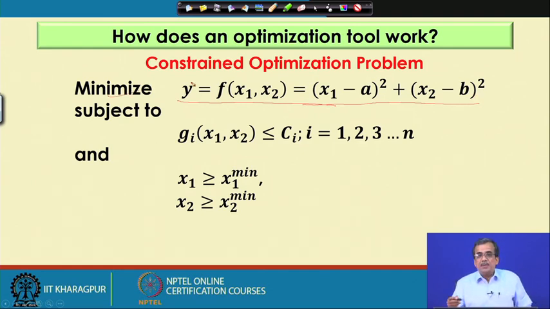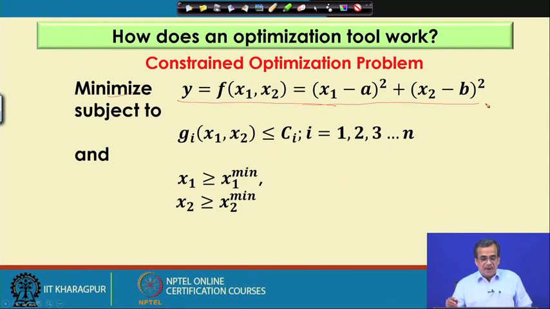Now, all of us know that the minimum value of this particular function is nothing but 0, because this is the sum of two squares, and corresponding to the solution 0, the value of x 1 will be equal to a and value of x 2 will be equal to b.